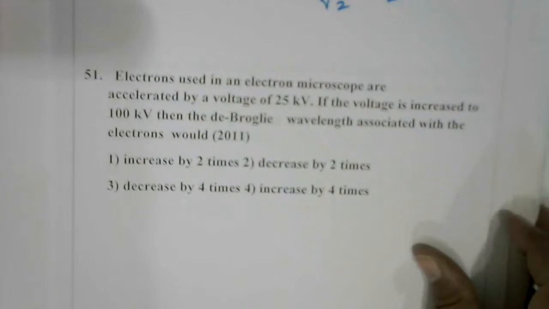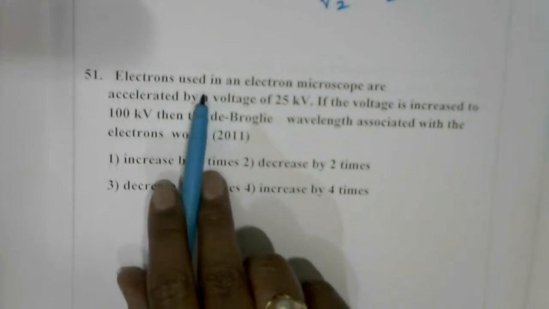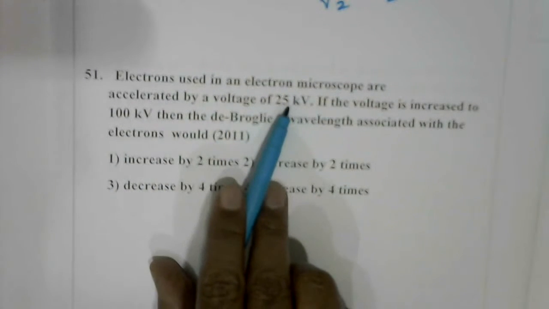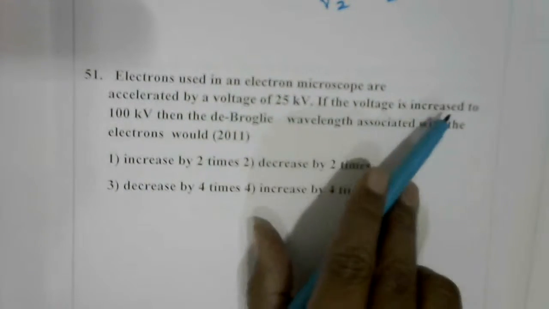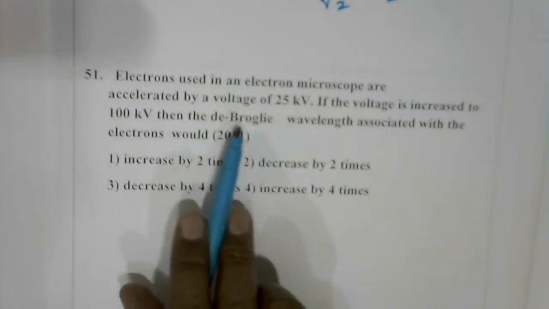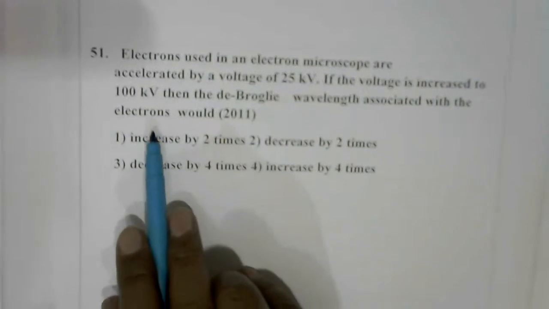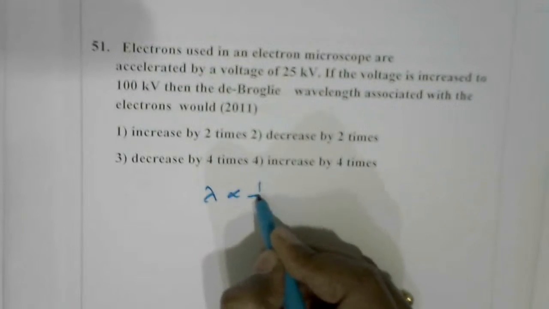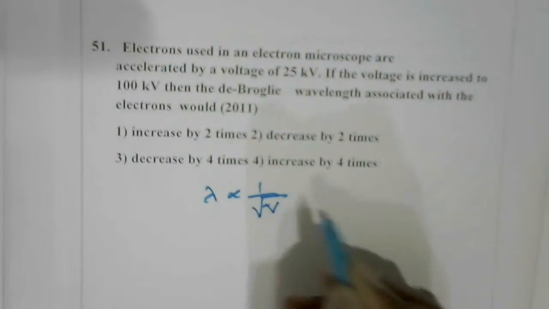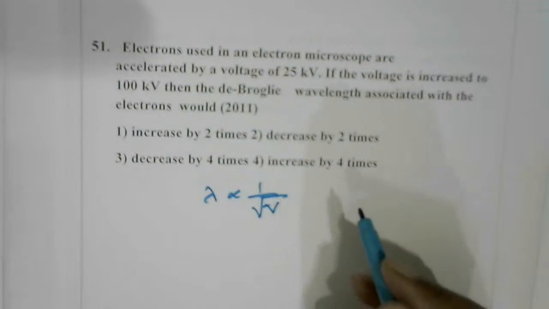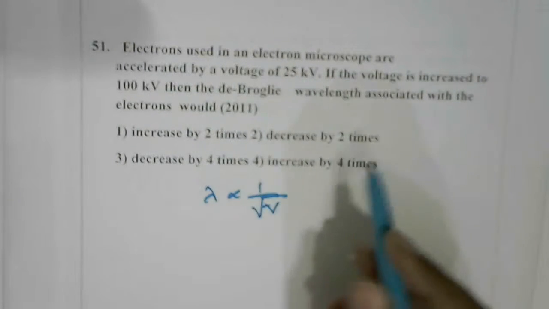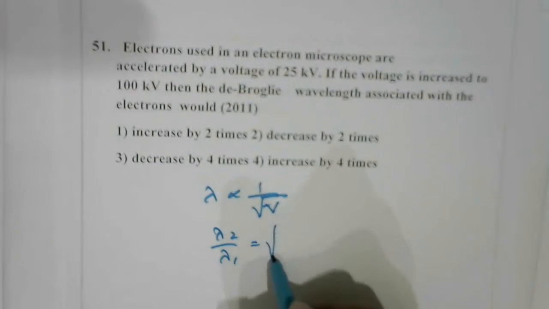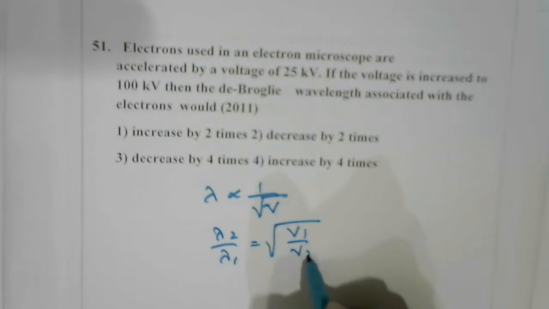Well, the next question is: electrons used in an electron microscope are accelerated by a voltage of 25 kilovolt. If the voltage is increased to 100 kilovolt, then the de Broglie wavelength associated with the electrons will be? We know that wavelength is inversely proportional to the square root of the potential difference applied. So lambda 2 by lambda 1 becomes the square root of V1 by V2.